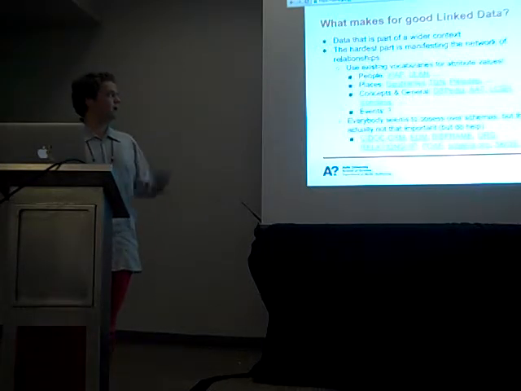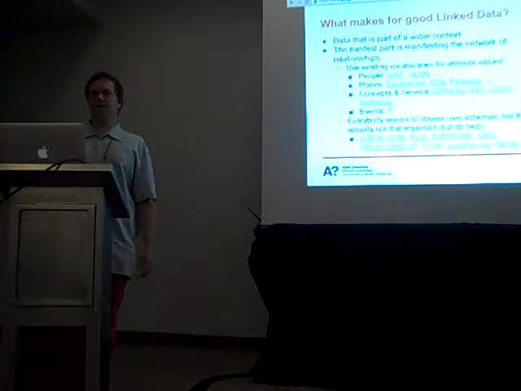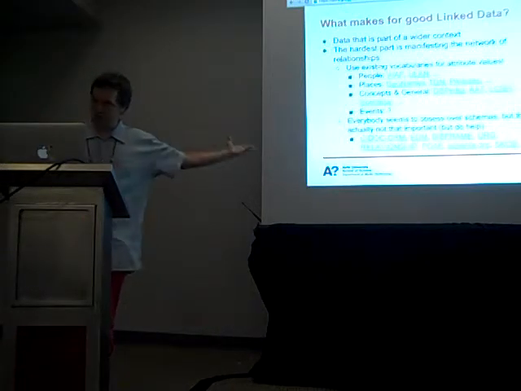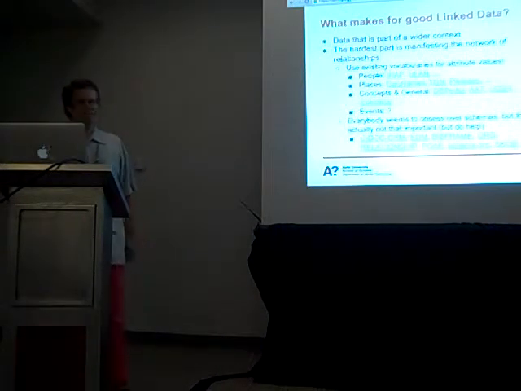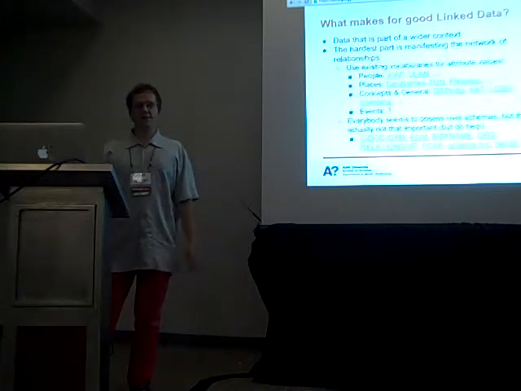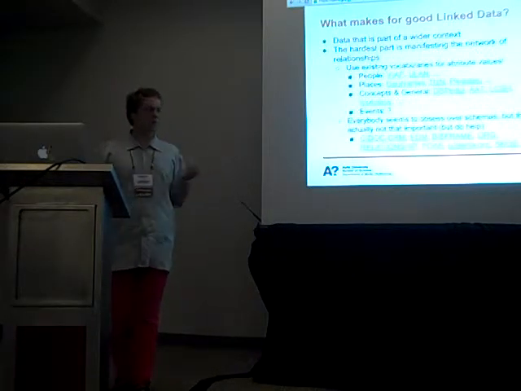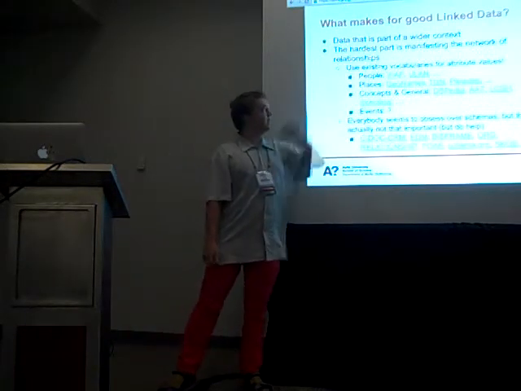We have the Getty Union List of Artist Names, we have VIAF, which unfortunately doesn't contain all the information that's in the MARC version of VIAF. There's a lot more structured information that's not in the RDF version of it. So it contains only the names, the name clusters of people, but that's still very good for linking.